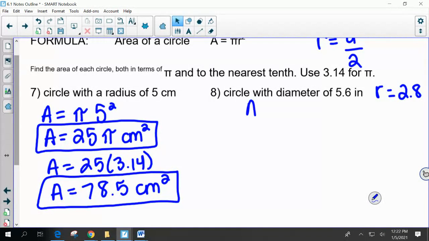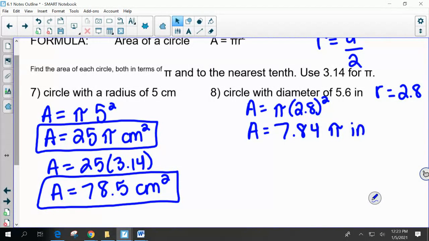So area equals pi times 2.8 squared. So what is 2.8 squared? 7.84. So 7.84 pi inches squared.